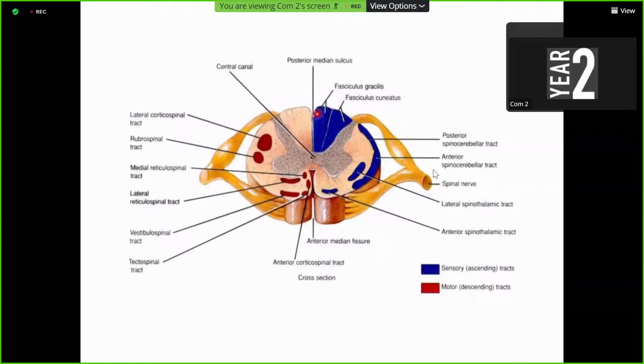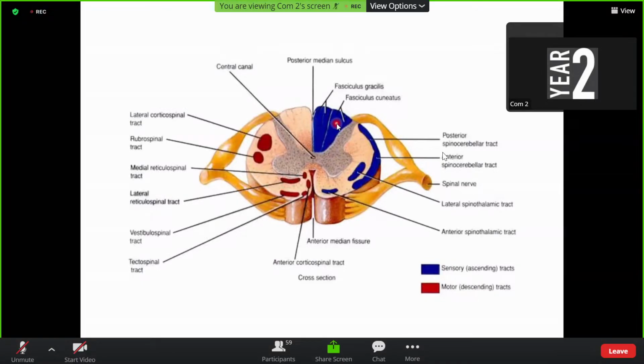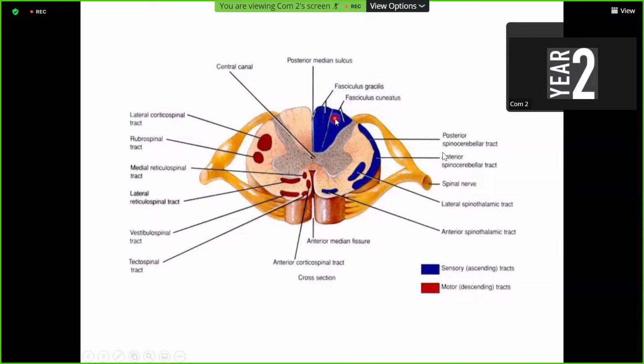So this is the function of the posterior column tract, and there is no motor tract in the posterior white column. In the posterior white column, only sensory tracts are there. These are called either posterior column tracts or fasciculus gracilis and fasciculus cuneatus. Fasciculus means bundles of fibers.